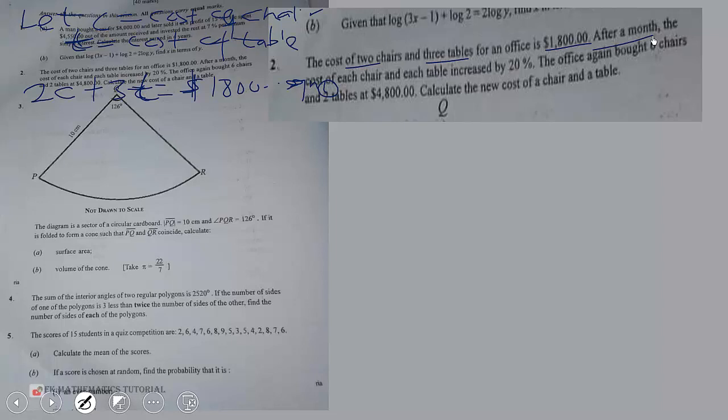Then we also were given this information that after a month, the cost of each chair and each table increased by 20%. So new cost of chair. Since the old cost is C, now it increased by 20%.